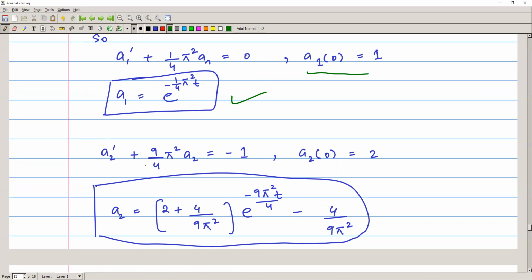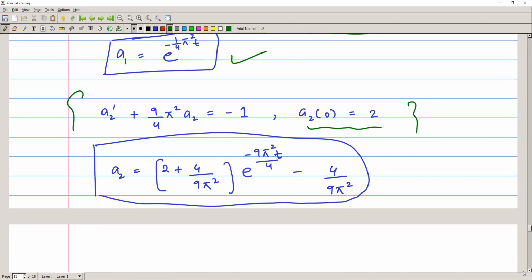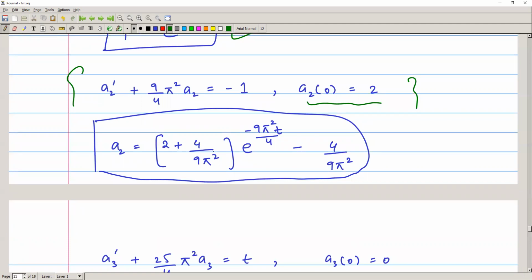And then for a2 prime plus 9 over 4 pi squared a2 is equal to -1, and a2 of 0 is equal to 2. Using the conditions and the equation, we will get a2 as a result: 2 plus 4 over 9 pi squared times e to the power -9 pi squared t over 4, minus 4 over 9 pi squared, right? So here is a2.